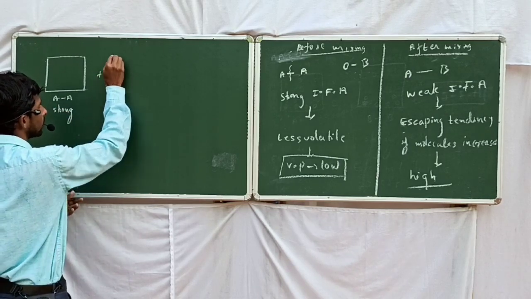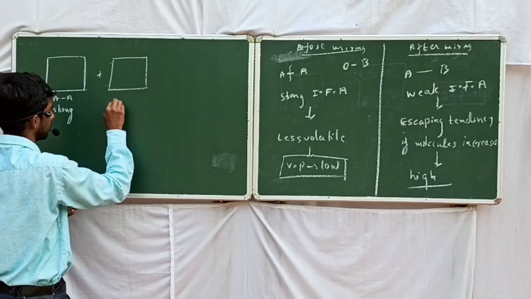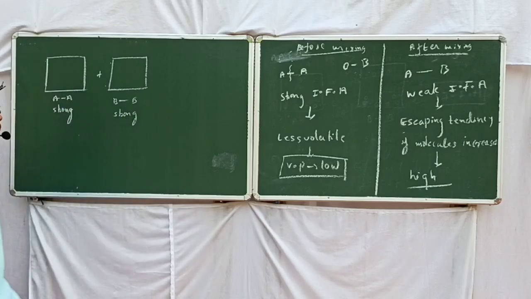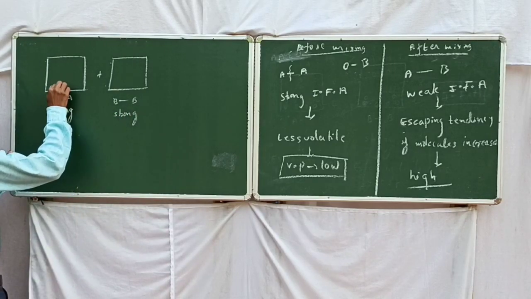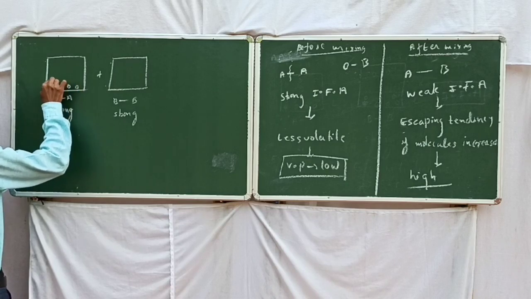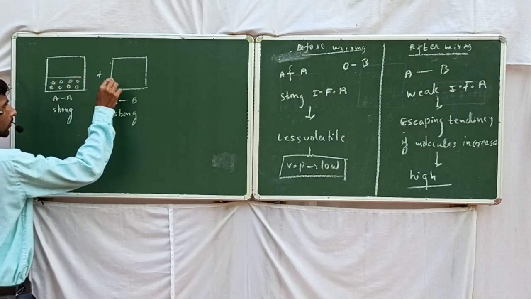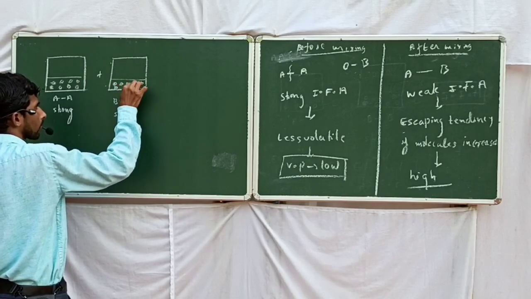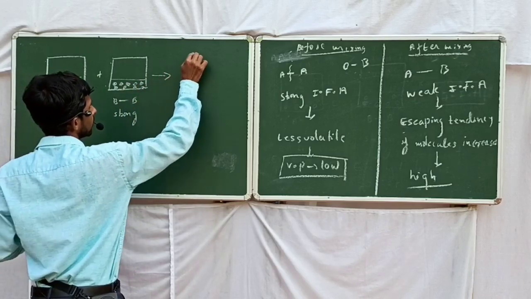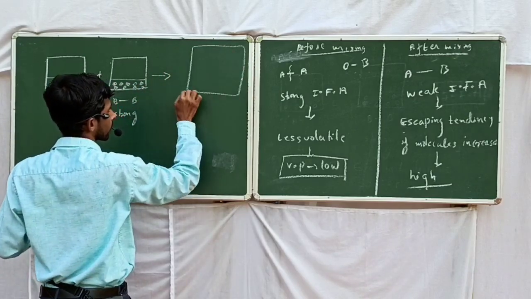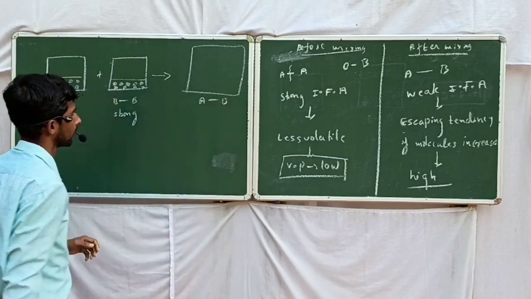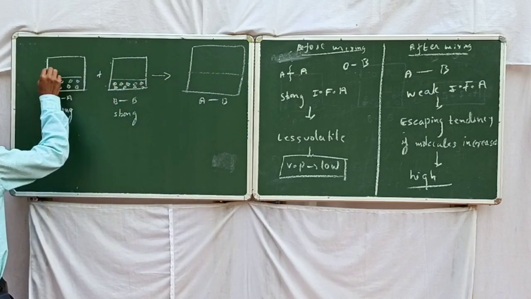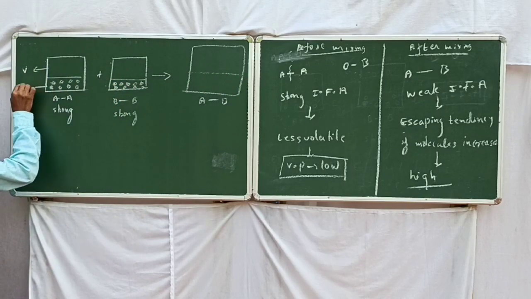Then you are mixing that with B. This one is molecules of B. Then that will form solution A. The upper one is now vapor phase, the lower one is liquid phase.